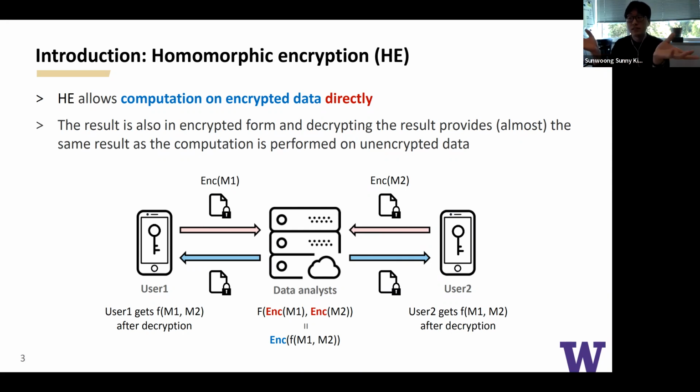So the server cannot acquire any private data. The users decrypt the encrypted result with a private key, and finally get the result. And the decrypted result is the same as, or almost the same as, the result calculated in the original plaintext domain, as mentioned earlier.